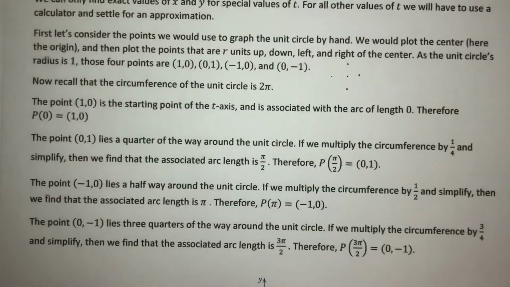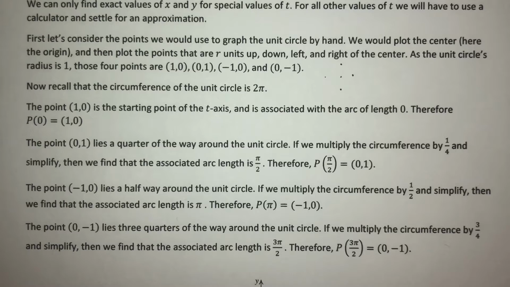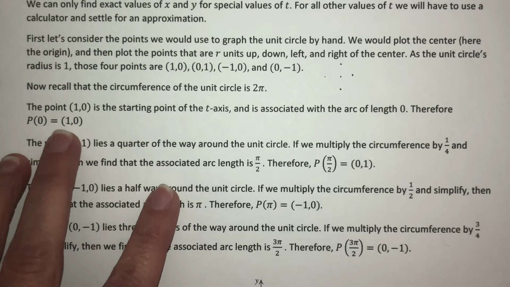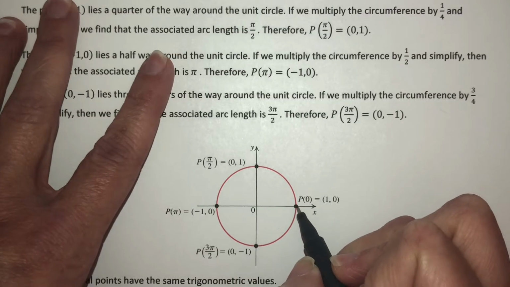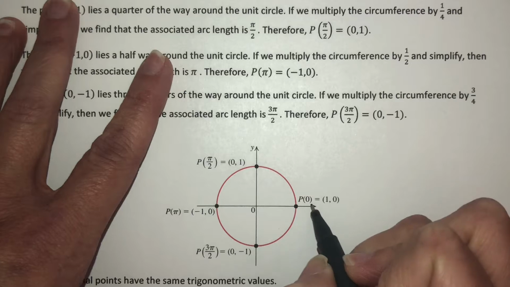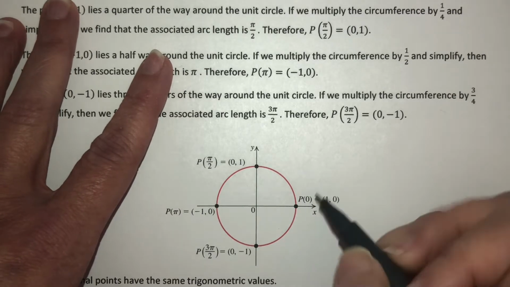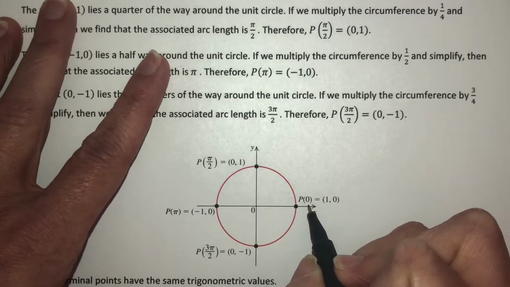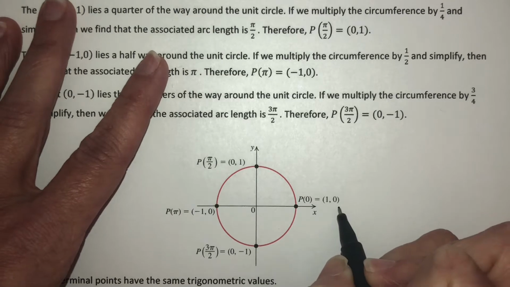Remember that right now we're talking about arc length. So if this is my starting point on the t-axis, 1, 0, then its t value right here is 0 because that's how we defined where we placed our t-axis. Therefore, p of 0, when our arc length is 0, gives me the point 1, 0.